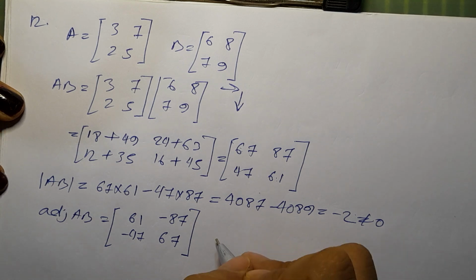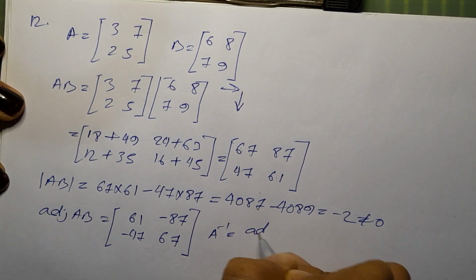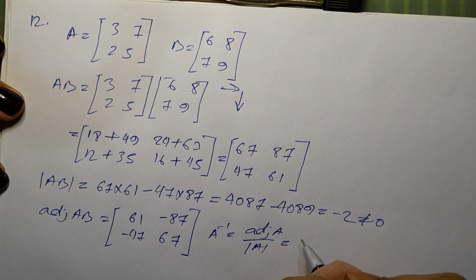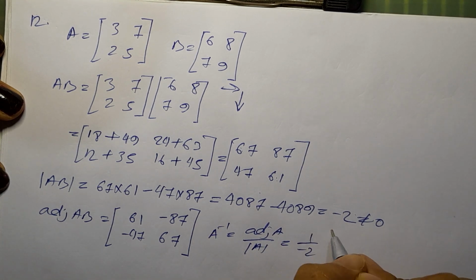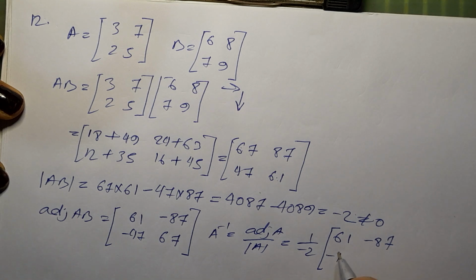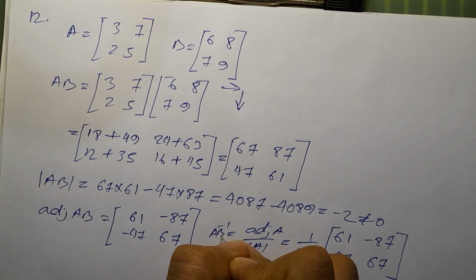Now the inverse will be A inverse equal to adjoint of A divided by determinant of A. So the determinant is minus 2, so 1 by minus 2, times the adjoint: 61, minus 87, minus 47, 67. So this is AB whole inverse.